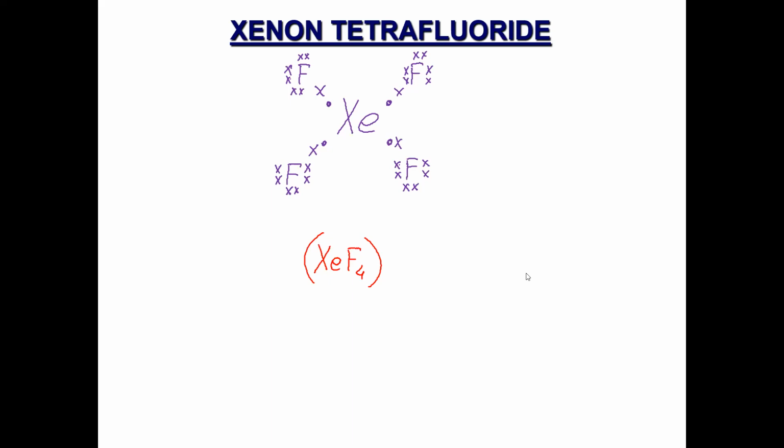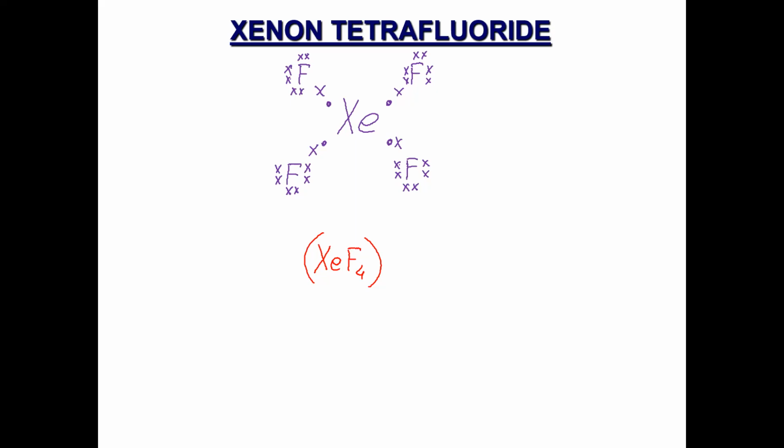Okay, I repeat, what is the concept? The lone pairs and the shared pairs of electrons in a molecule, they force the molecule to adopt a particular shape such that all the repulsive units are at maximum separation.